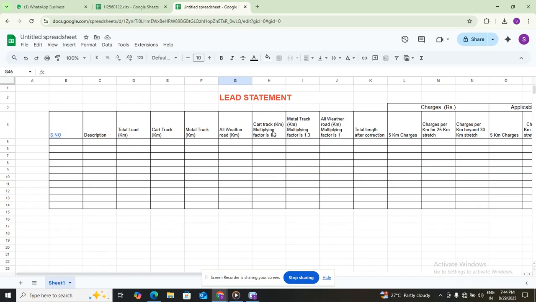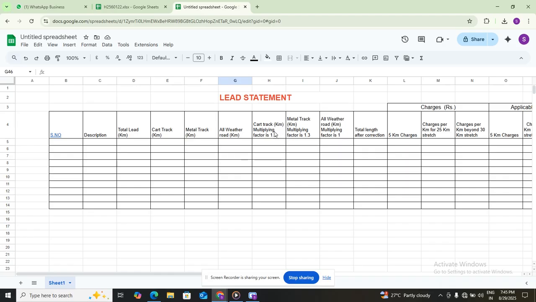What is the cart track factor? When going on the cart track, extra diesel has to be consumed. Why? Because of the wet and loose soil, the mileage decreases. That's why we take a factor of 50% more than the all weather road.